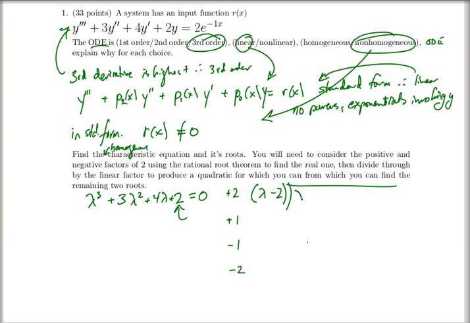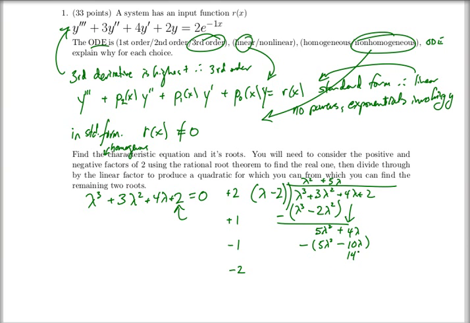Divide this into lambda cubed plus 3 lambda squared plus 4 lambda plus 2. We've got lambda squared. So I'm going to subtract lambda cubed minus 2 lambda squared. And this is going to be effectively 5 lambda squared, addition problem there. Carry this down, 4 lambda. We try 5 lambda there, 5 lambda squared minus 10 lambda.